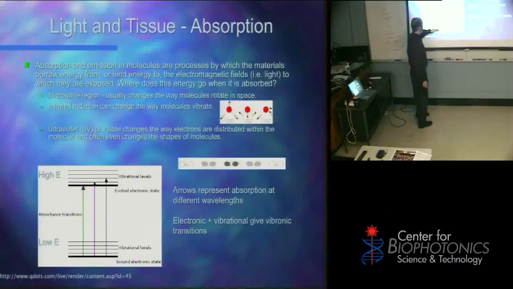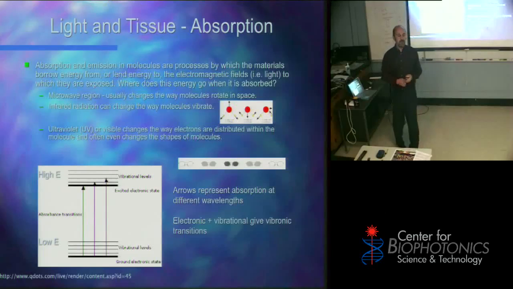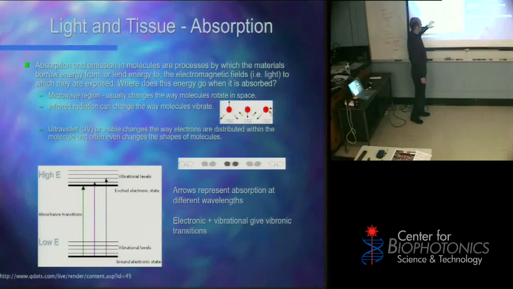So usually when I jump and I absorb energy, I'm changing electronic state, which is the high energy state. I'm changing vibrational state, and I'm changing rotational state. All three of those things happen at the same time. But there has to be a place for me to jump with the energy I'm bringing in.